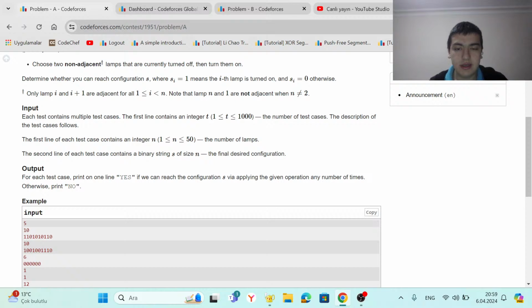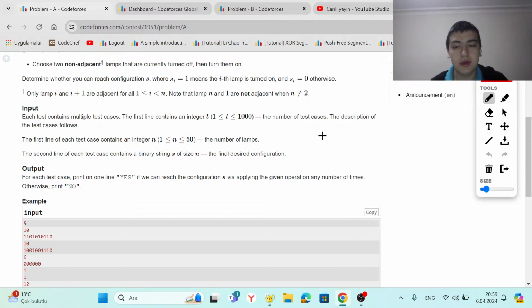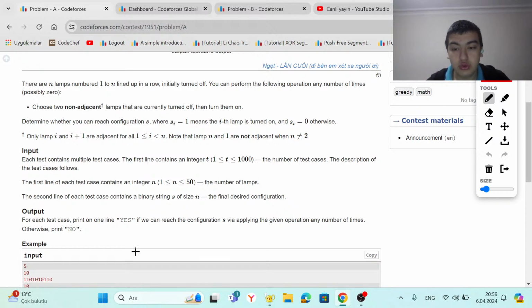We need to make an observation. If we have an odd number of ones, I mean if there are 3 ones, 5 ones, 7 ones, and so on, we cannot reach the configuration, because in an operation we choose two non-adjacent turned off lamps and we are turning them on.